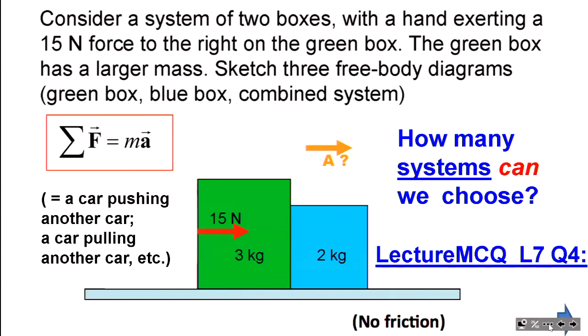Green? Blue? What do you think? What is a system? You want to have as a system two blocks together. Absolutely reasonable approach. But why not only left? Or why not only right? What's wrong with that?